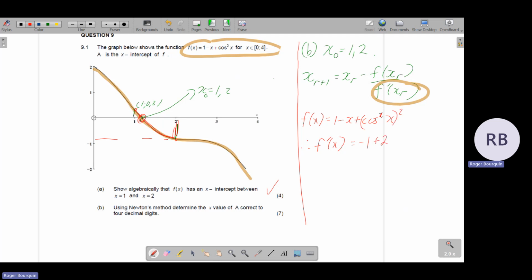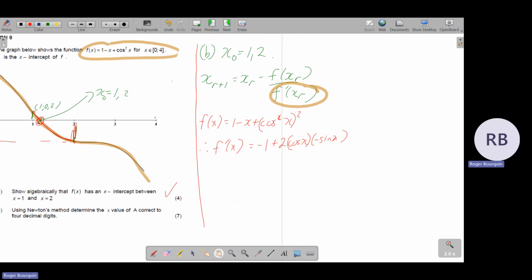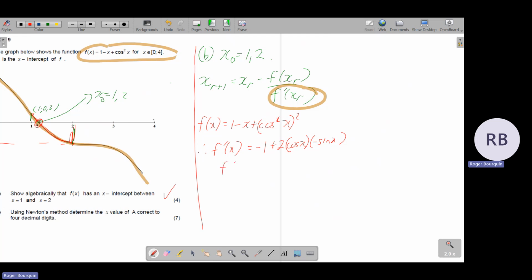So it's going to be plus 2, the derivative of the outside function is cos x, times the derivative of the inside function. The derivative of cos is negative sine x. And so we end up with f dash of x equal to negative 1 minus 2 cos x sine x. Right, so now I have f dash of x.